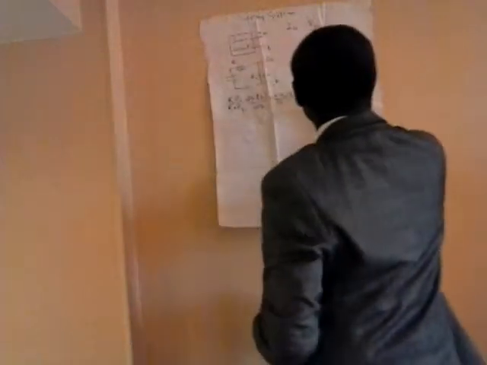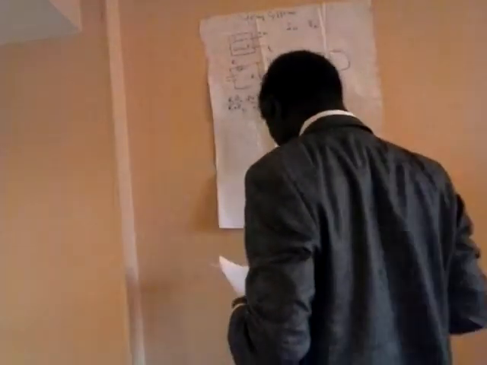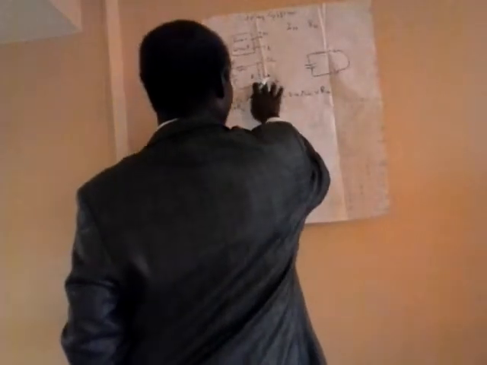So this is equal to R Norton, and this would be the same as the Thevenin resistance, R Thevenin.